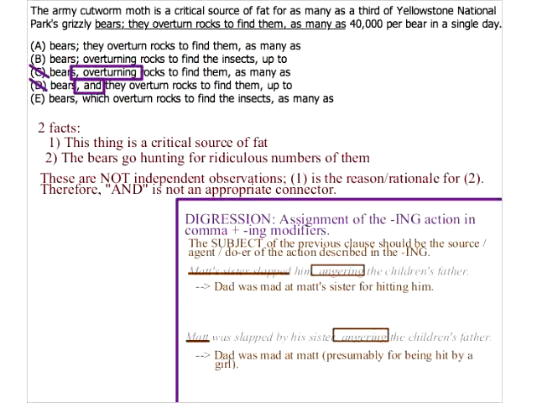According to that modifier, the moth is overturning the rocks. That doesn't really make any sense. So there you go. Questions about that?